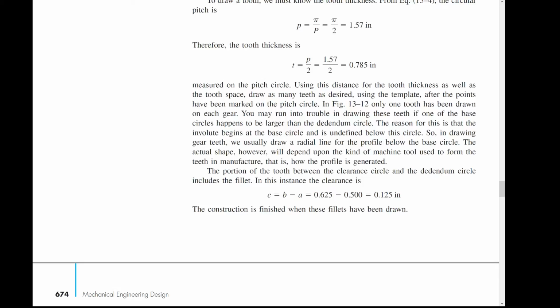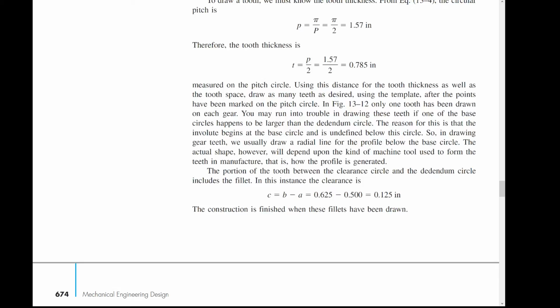In figure 13-12, only one tooth has been drawn on each gear. You may run into trouble in drawing these teeth if one of the base circles happens to be larger than the dedendum circle. So watch out for that. The reason for this is that the involute begins at the base circle and is undefined below it.